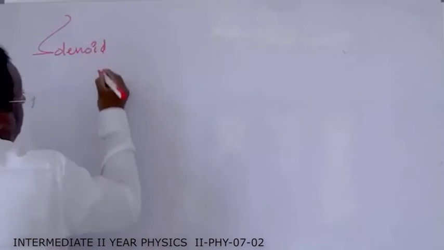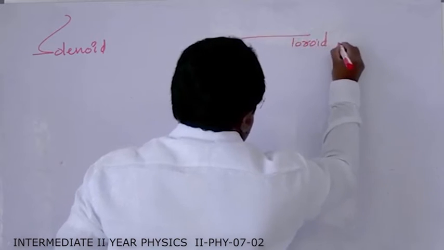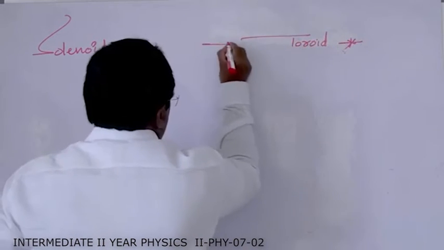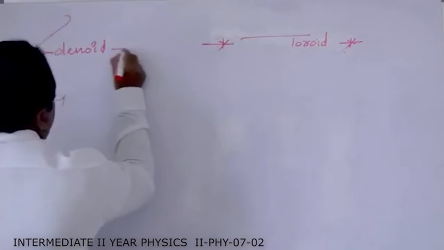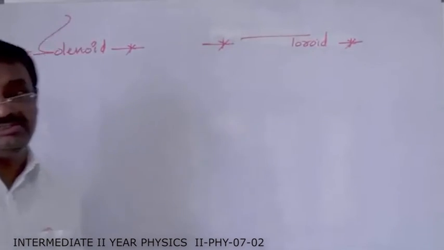These two are the most important magnetic devices to produce a uniform magnetic field. They are used in several applications.